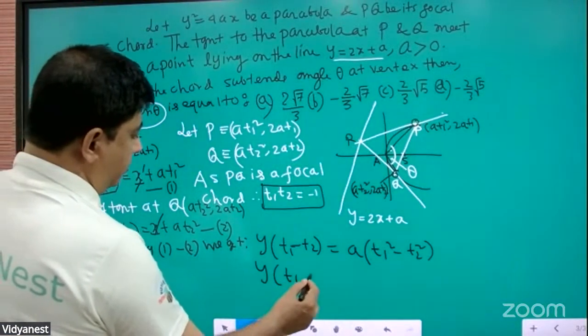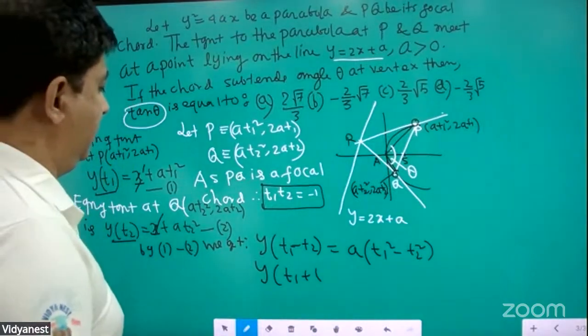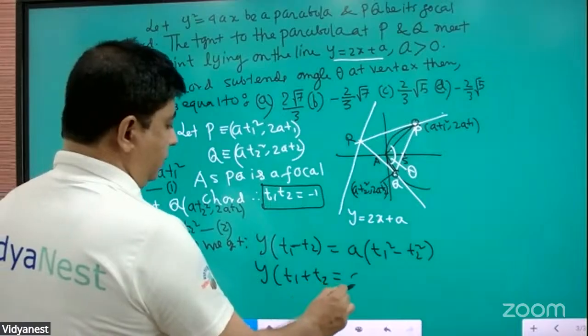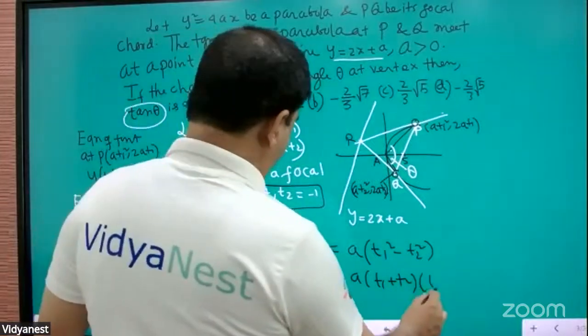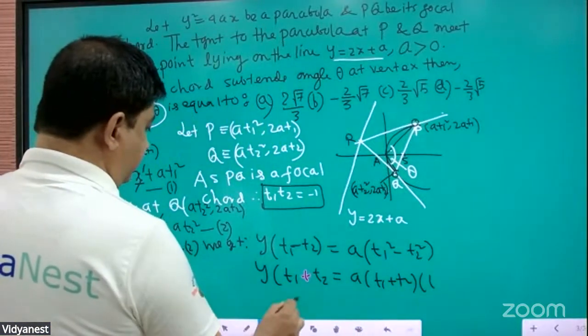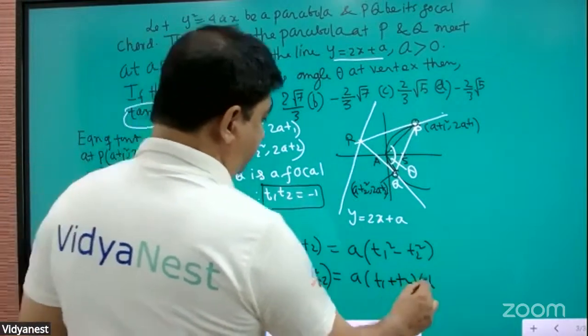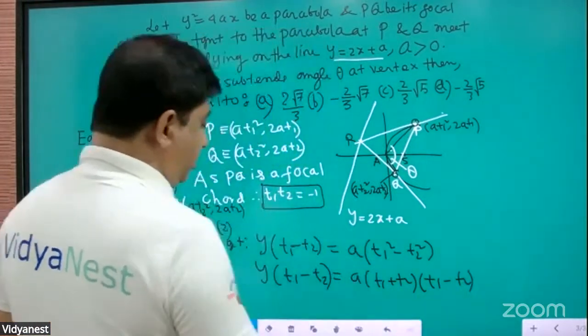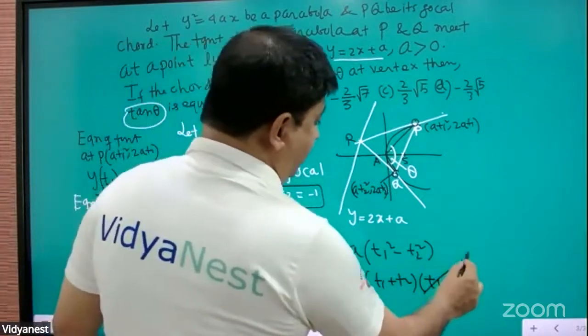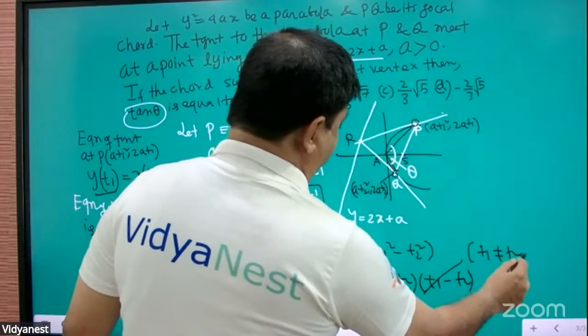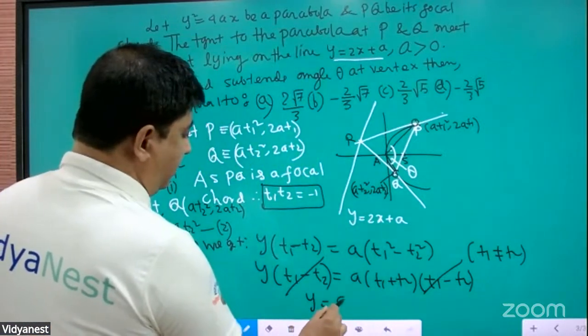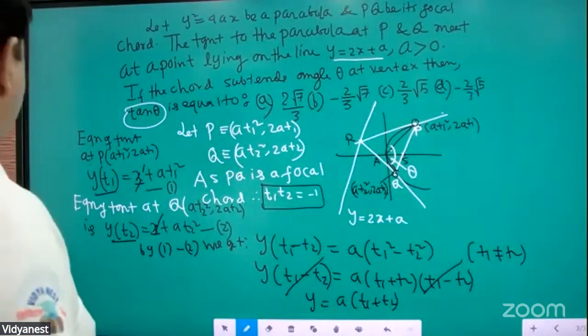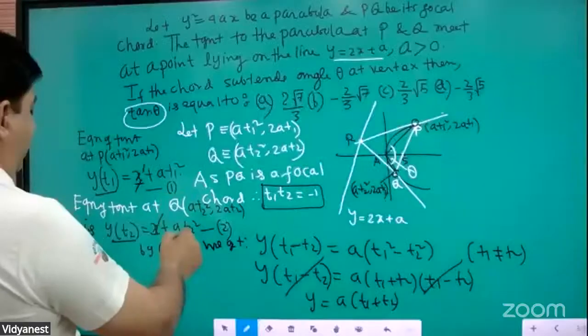So a (t1 plus t2) (t1 minus t2). We can drop t1 minus t2 from both sides, mentioning t1 not equal to t2. So y's value we have got is a (t1 plus t2).